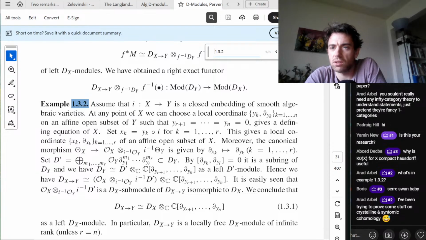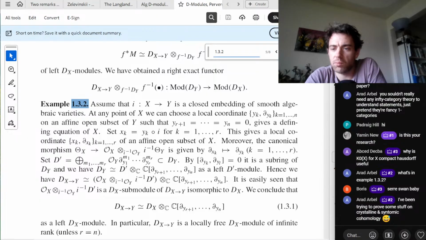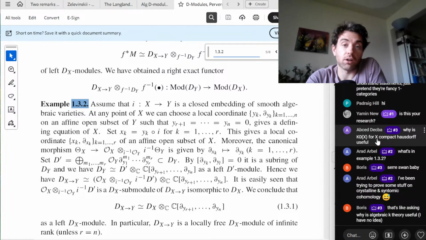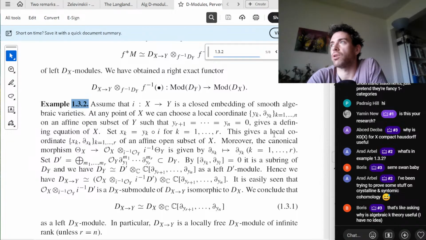I'm not sure. I don't think there's anything in particular that X being compact Hausdorff makes that useful. Rather, K naught in general is useful. It's just an invariant of a space, much like anything, right?